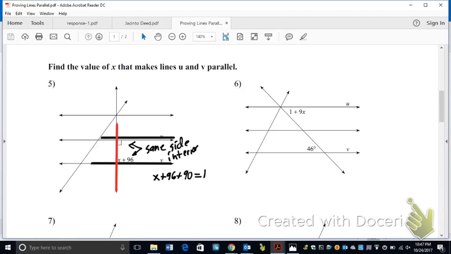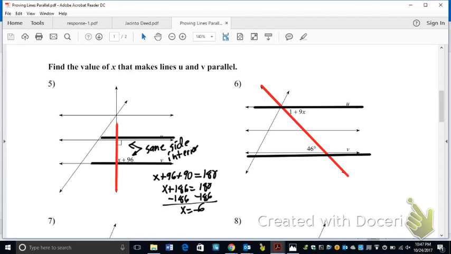Remember, supplementary means that the sum of the 2 angles equals 180. So that gives us X plus 186 equals 180. And we're going to subtract 186, so we get X equals negative 6. So that is the value of X. So X can be anything. But when X equals negative 6, U and V are parallel.